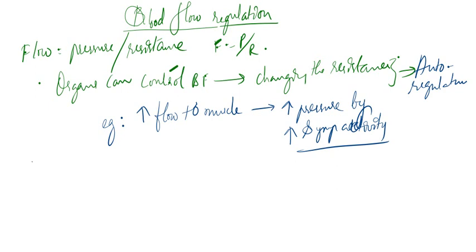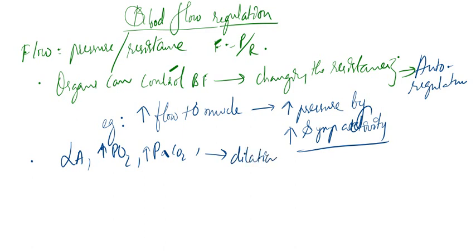Now there are some components like lactic acid, increase in partial pressure of oxygen, increase in partial pressure of carbon dioxide, adenosine, proton, increase in temperature, etc. They obviously cause vasodilation.